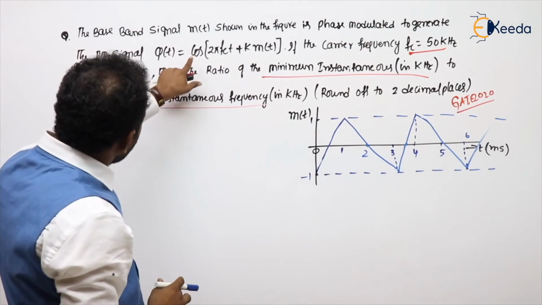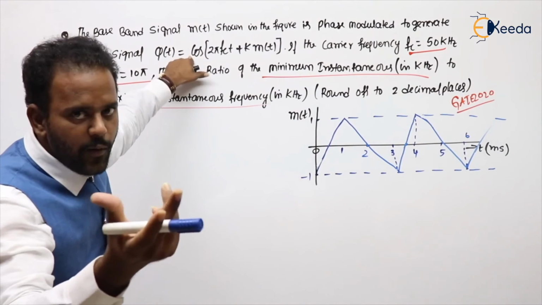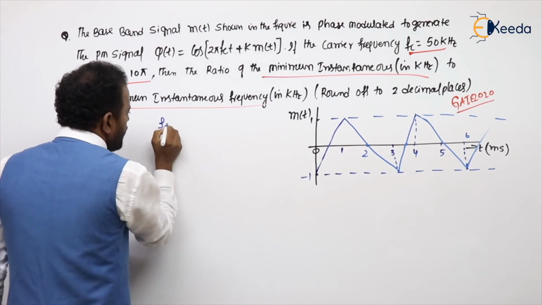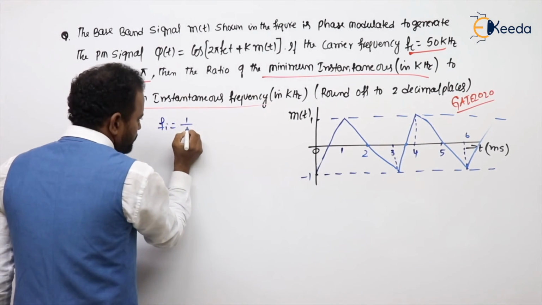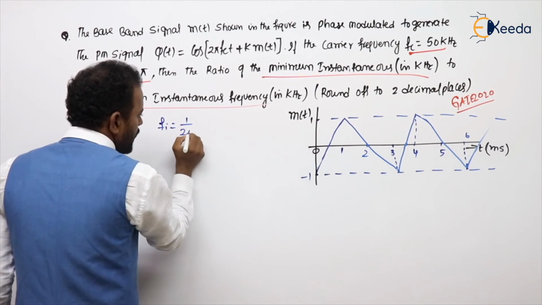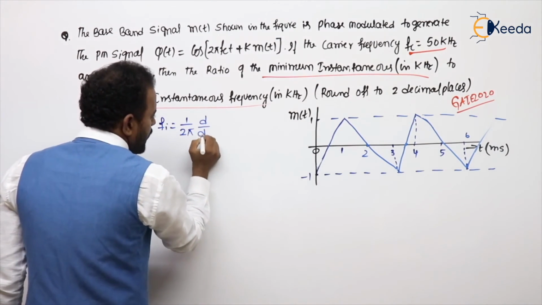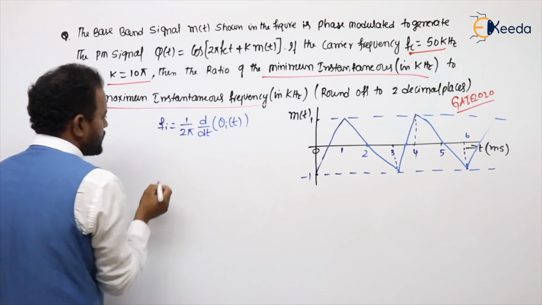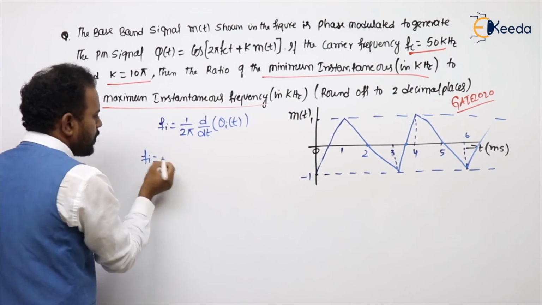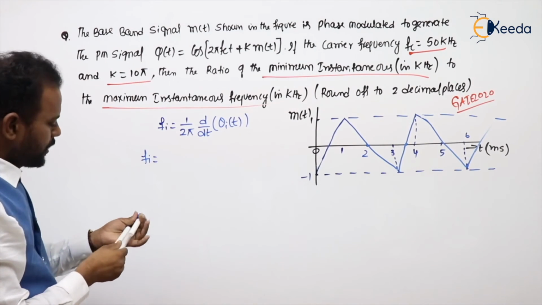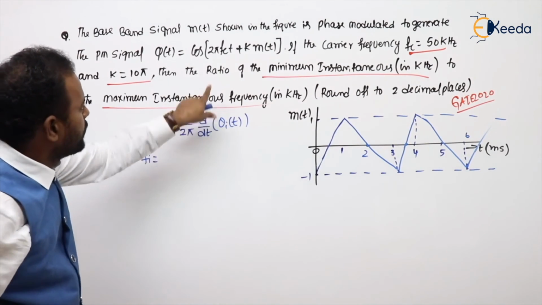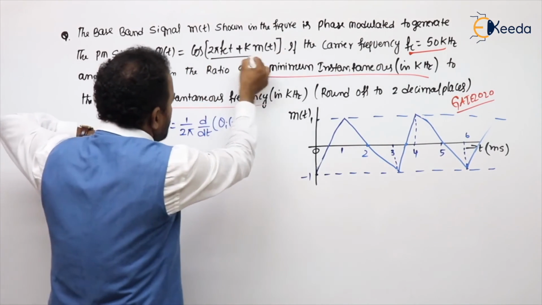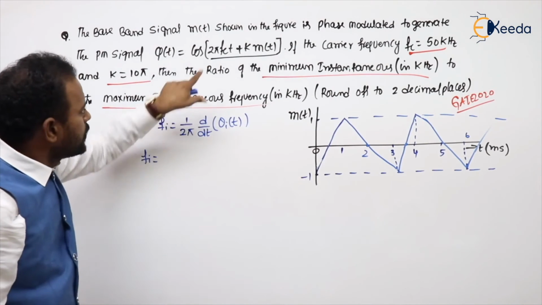Whatever the modulated signal given, what is the common formula for instantaneous frequency? Fi equals 1 by 2 pi d by dt of the total angle of any angle modulated signal. So differentiate and substitute. Theta i of t means the total angle, the total value inside the bracket.